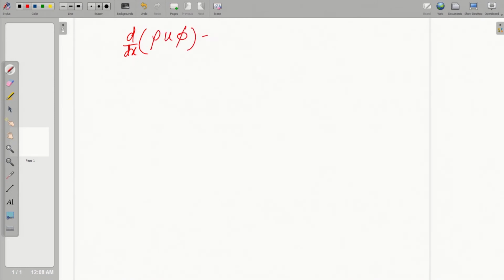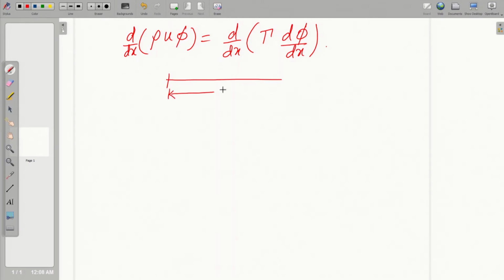This is the equation we are trying to solve. Remember that we are solving it over a domain of length L, and we have the boundary values phi naught and phi L, and at any arbitrary location x, we are trying to find the value of phi.